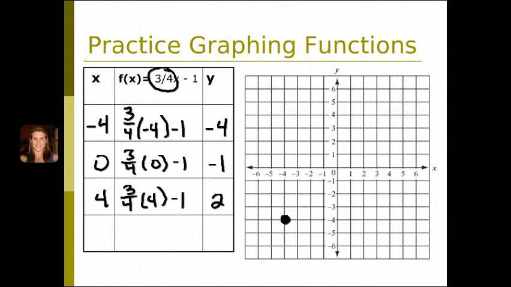Then we go to 0, -1, 0 on the x-axis, down 1. And then 4, 2. So 4, +4 on the x, and up 2. So we've got our 3 points, and from here we just connect our dots to make the graph. Your line should be nice and straight, and that's all you've got to do for graphing from a table. Let's do another example.